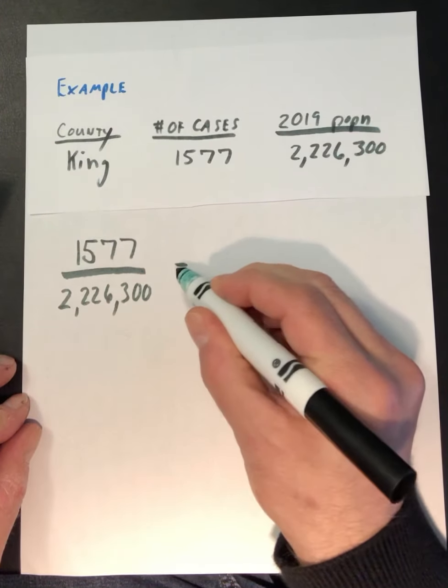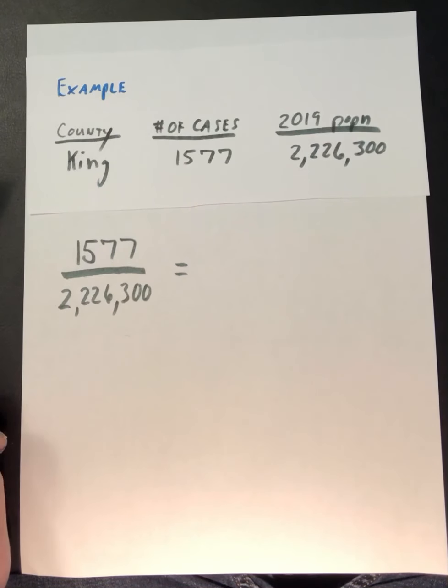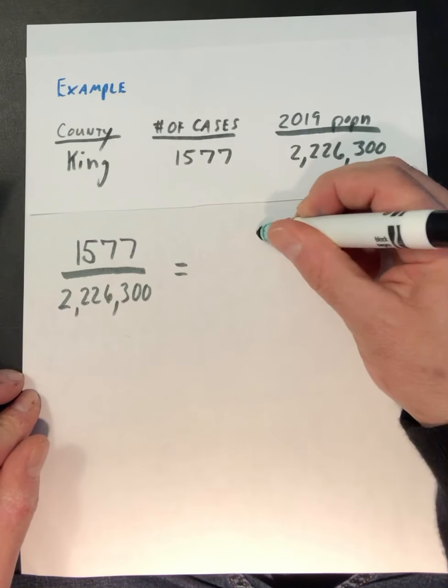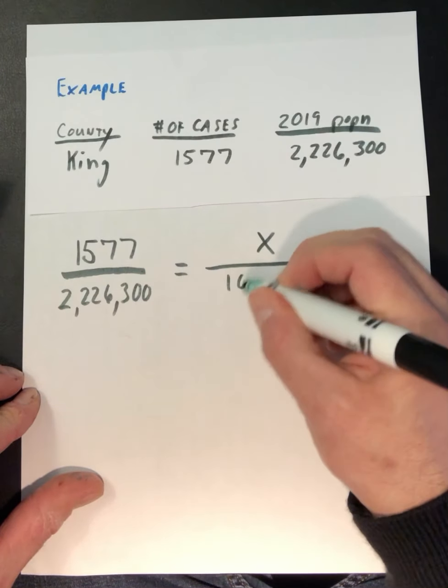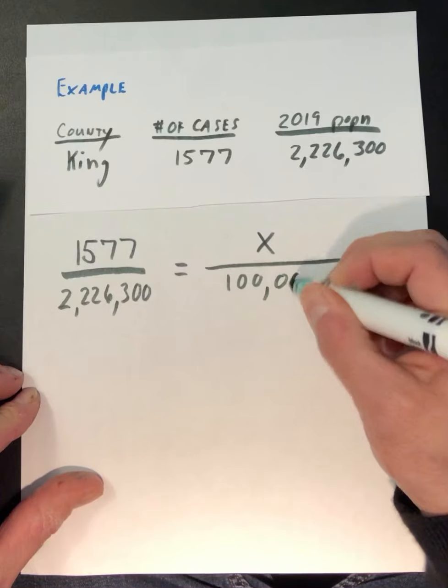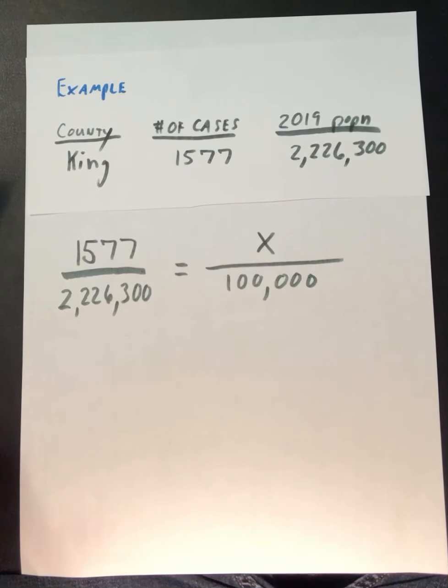Again, we're setting up a cross multiplication ratio problem. We are going to solve for X, and this is over 100,000 people. So far so good.